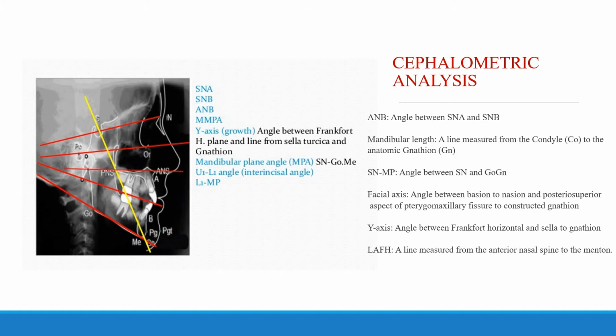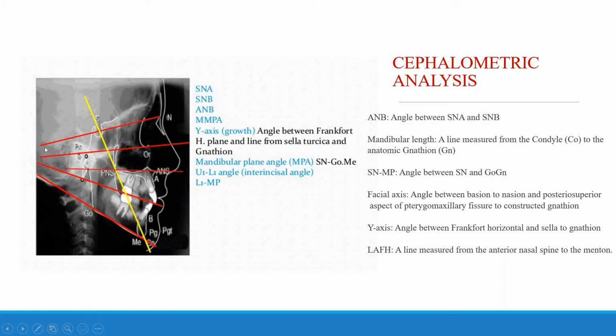We take the A and B angles, between SNA and SNB, and the mandibular length, a line measured from the condyle to the anatomic gnathion.